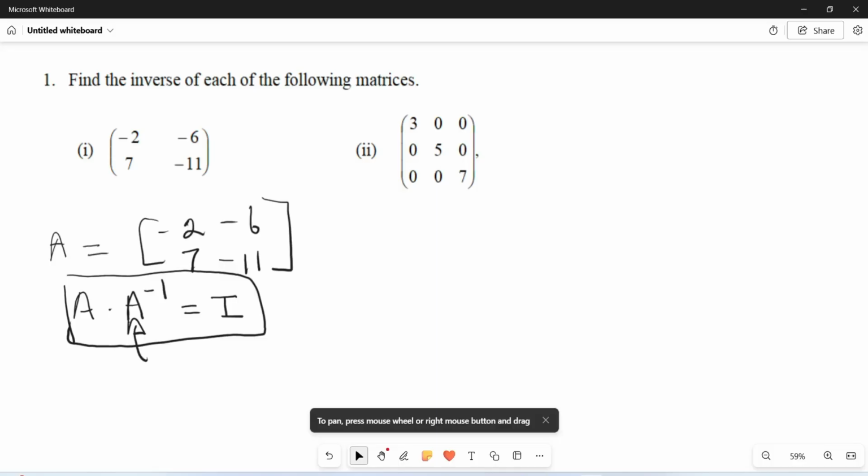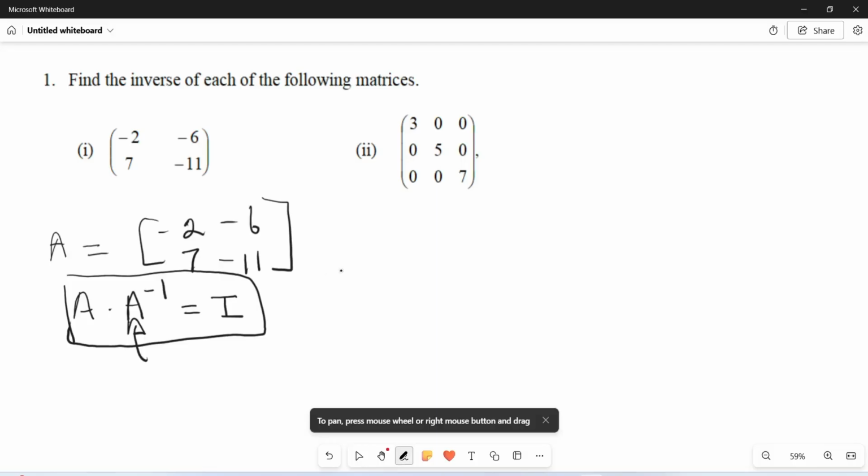So first of all, you want to find the determinant and show that the determinant is non-zero. That means the inverse exists. After that you can find the inverse.